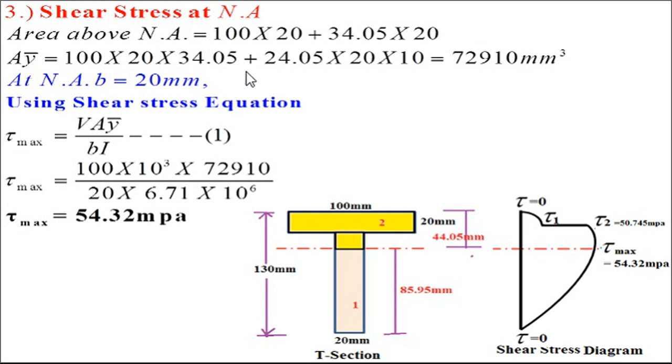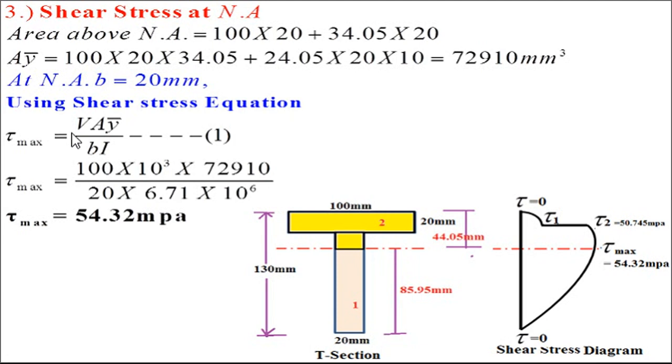It will be 34.05, plus the area of this bottom portion, which will be 24.05 into 20 width, into half of 24.05, because the total depth is 24.05. It must be 12.025. Instead of 10, it must be 12.025. That will be the y bar.